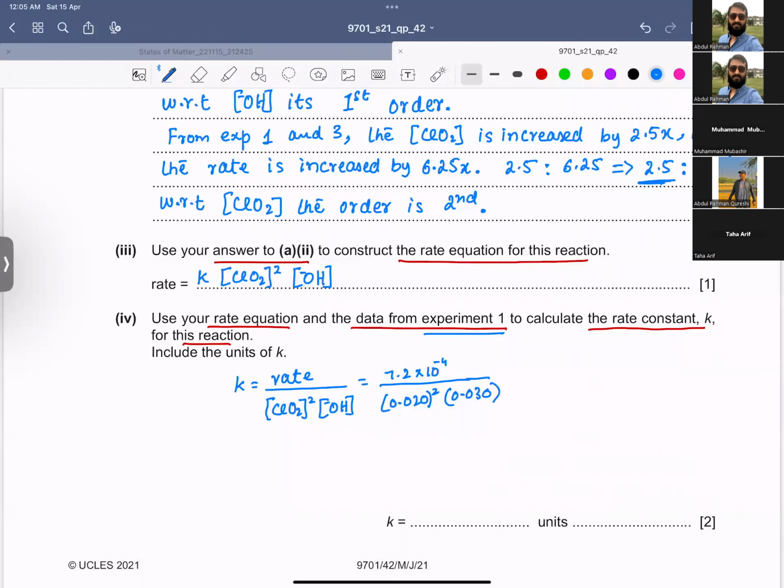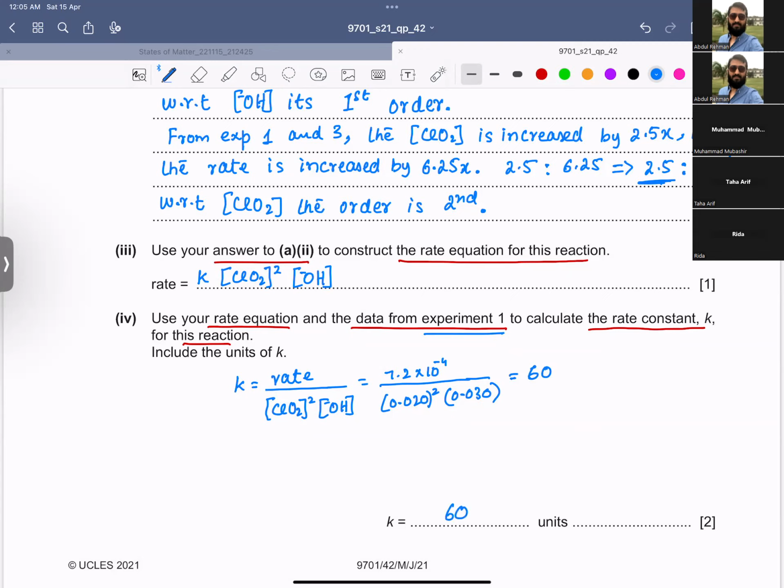Now can anybody solve and tell me the answer? 60. Okay, so the value of k is 60.